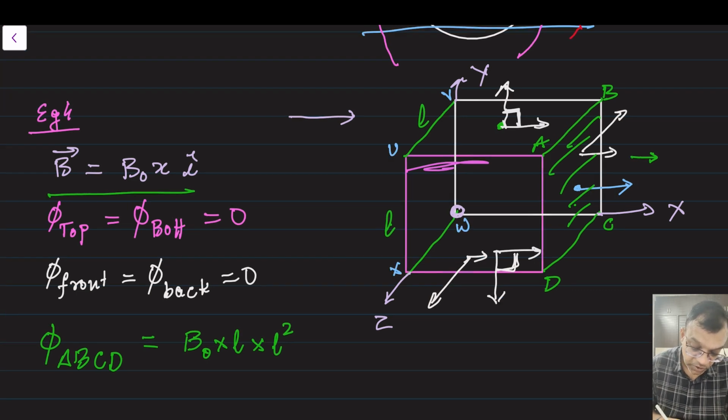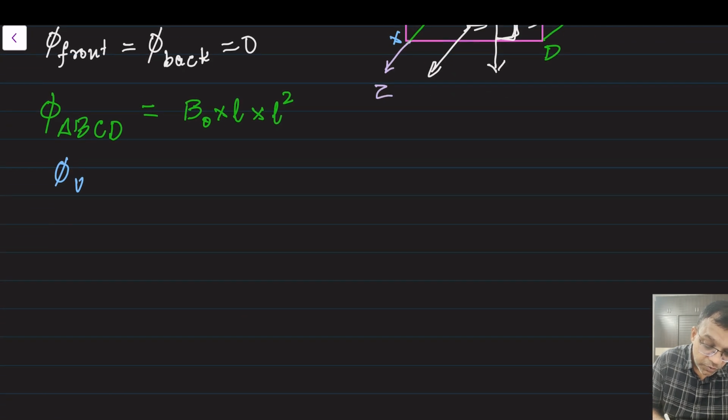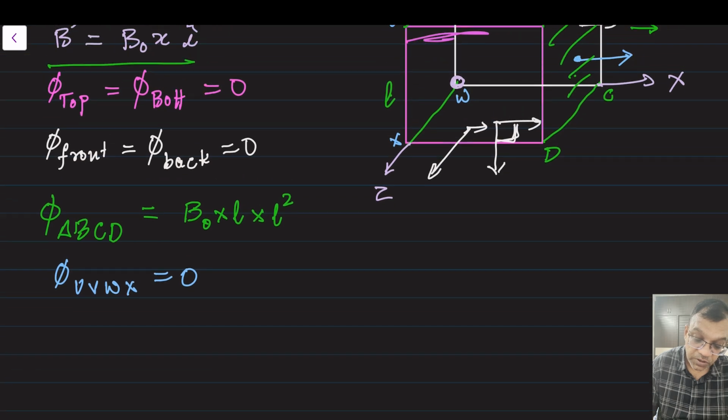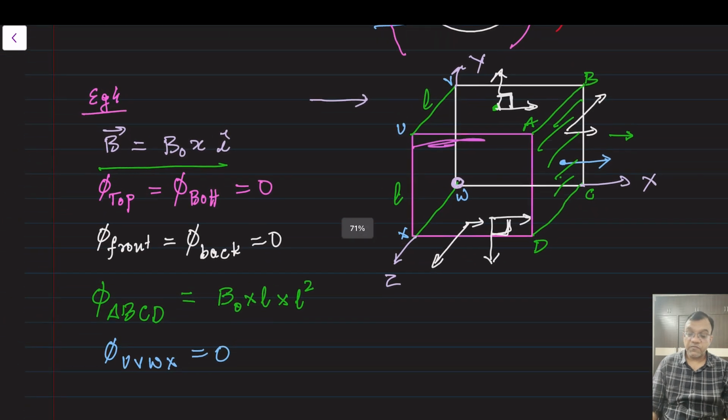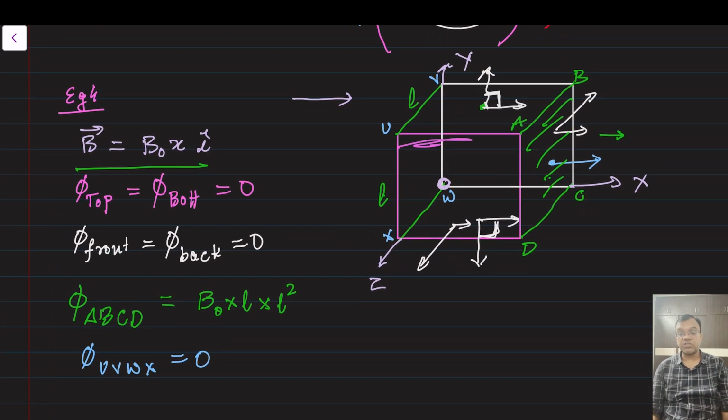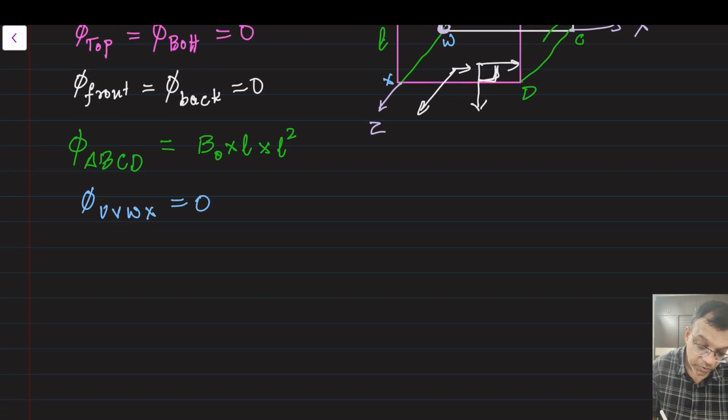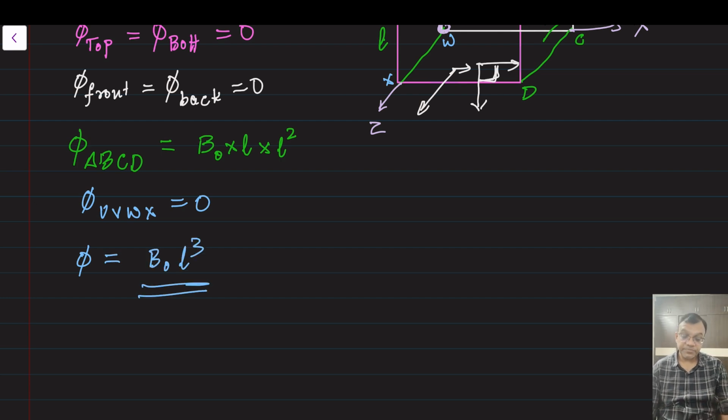So the flux linked with UVWX is equal to 0. So the flux linked with 5 faces is 0 and only with ABCD is non-zero. So the total flux will become equal to B naught L cube. This is the magnetic flux linked with it.